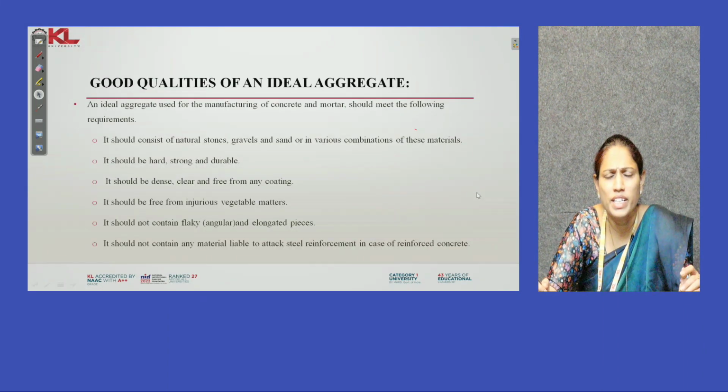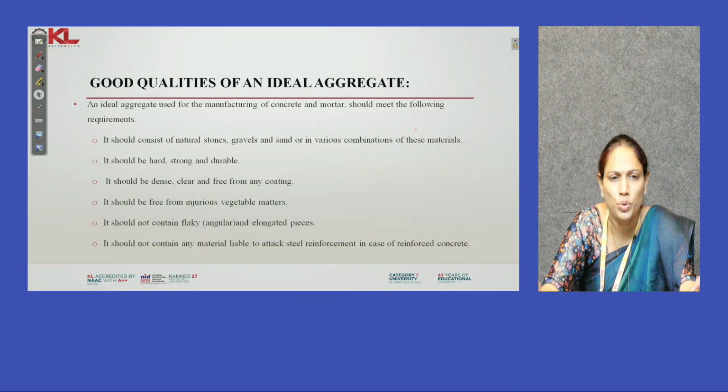So the good qualities of an ideal aggregate are: it should consist of natural stone, gravel, sand or various combinations of these materials. It should be hard, strong and durable. It should be dense, clean, free from any coating, and free from injurious vegetable material.